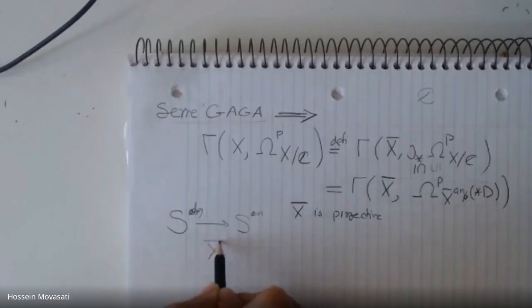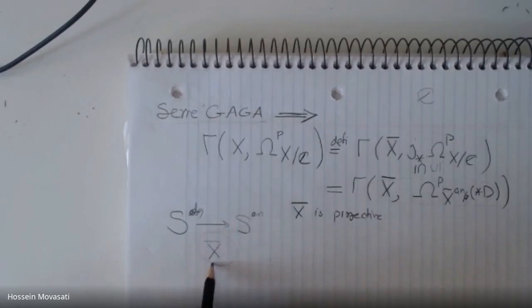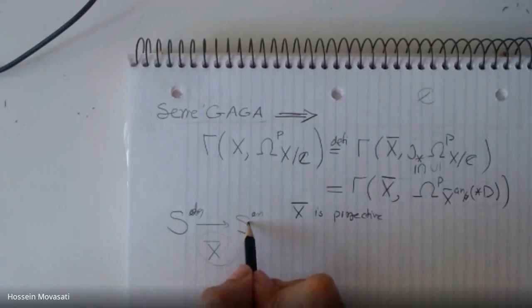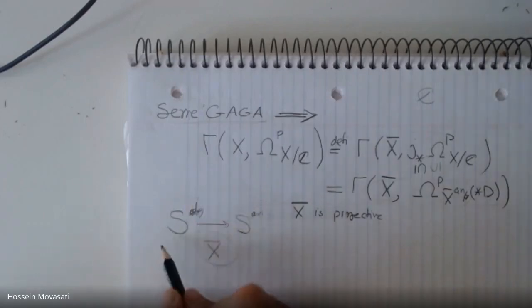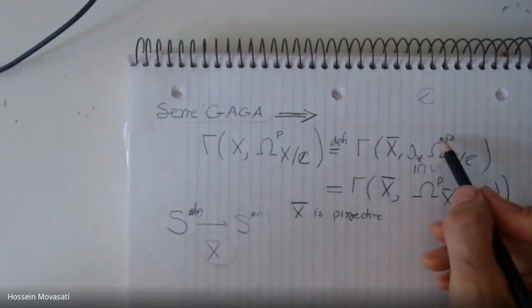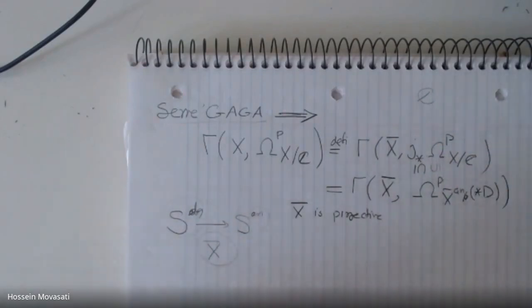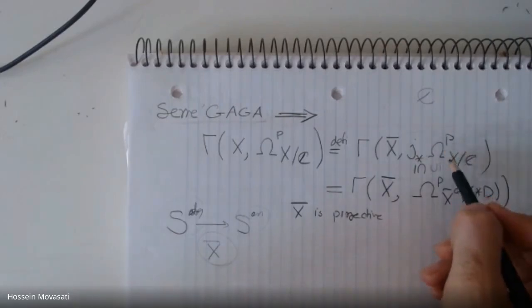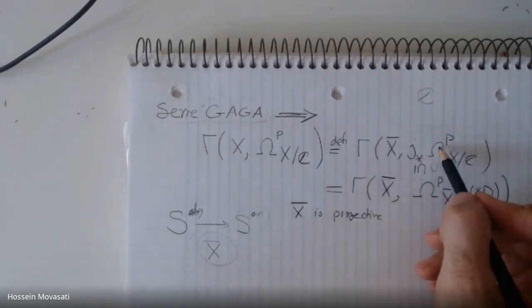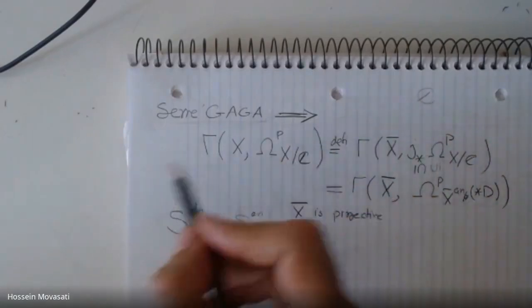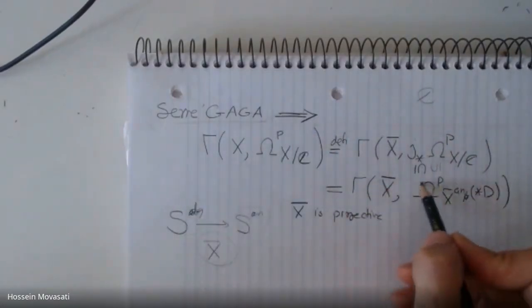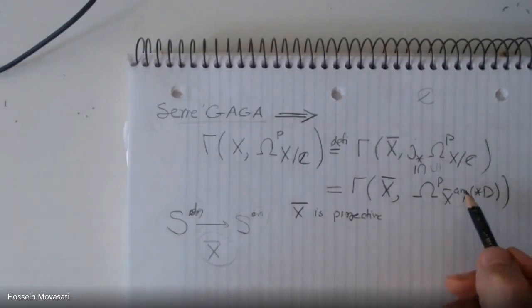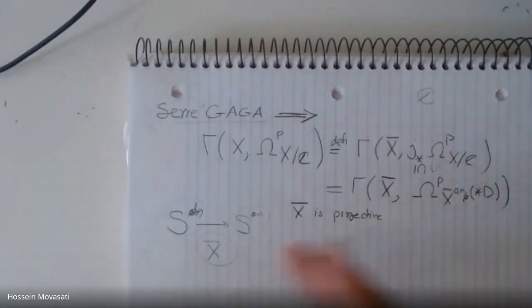Then, on a projective variety X bar, a part of the theorem says that the global sections of this analytic sheaf are again algebraic. In our case, our algebraic sheaf is this sheaf of algebraic p-forms with poles along D, and this is its analytification, of course the sheaf of holomorphic p-forms.